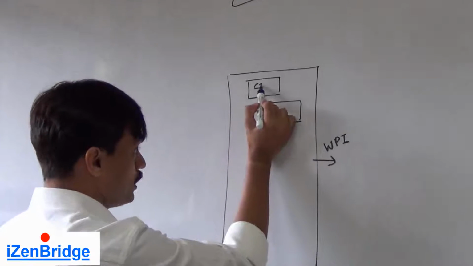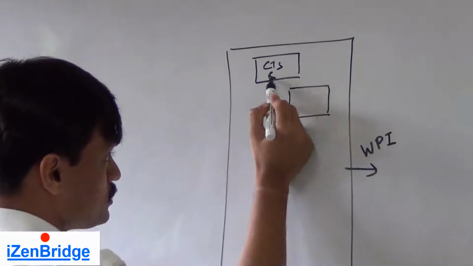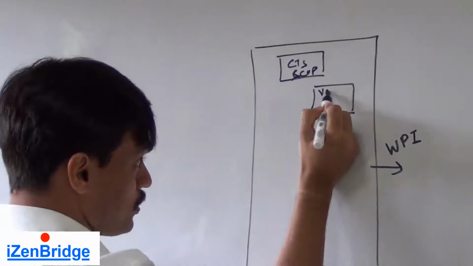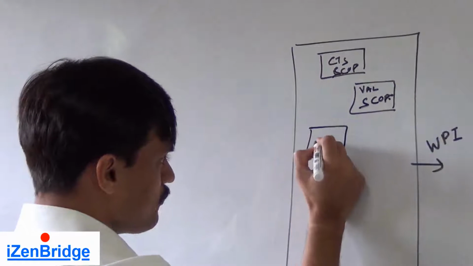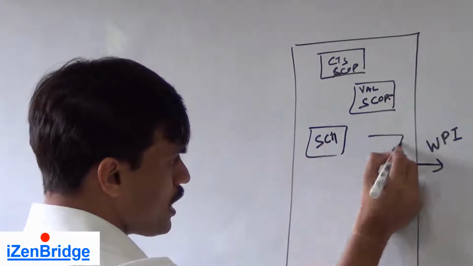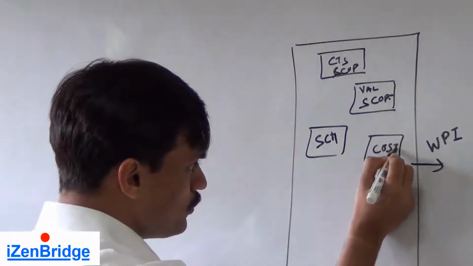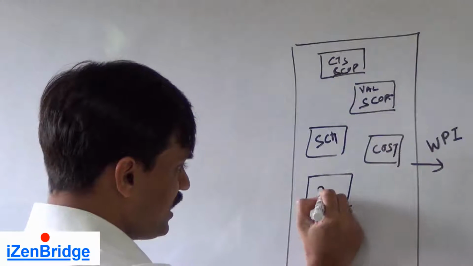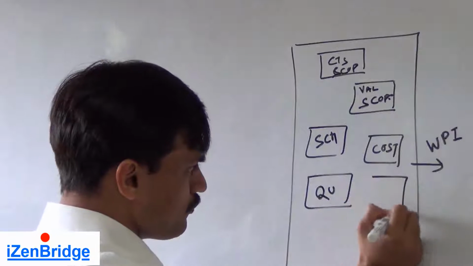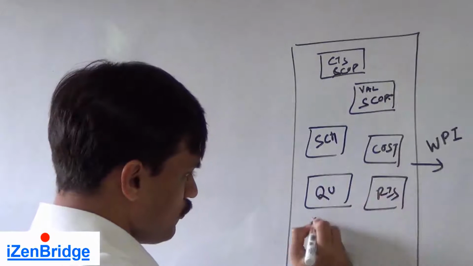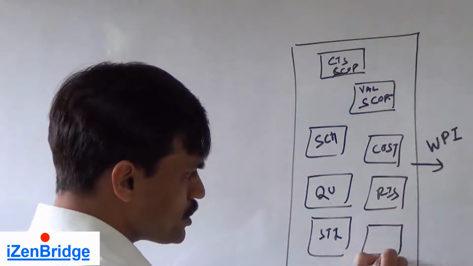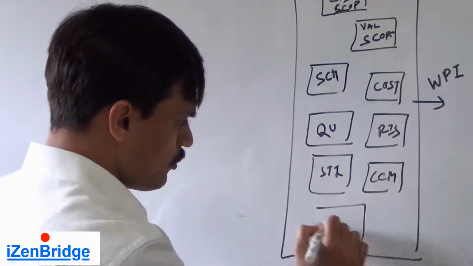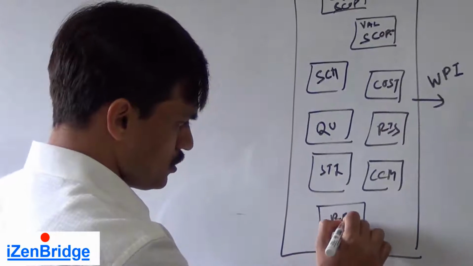One is for controlling scope and the other is for validating scope. In the same way, we have schedule control, cost control, quality control, risk control, stakeholder engagement control, communication control, and procurement control.